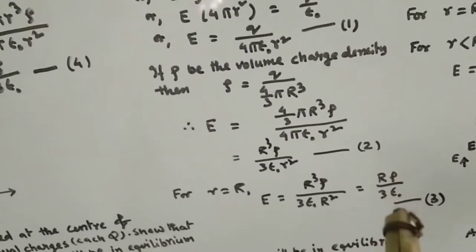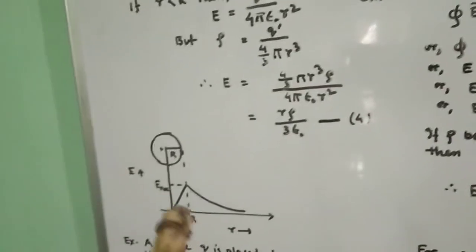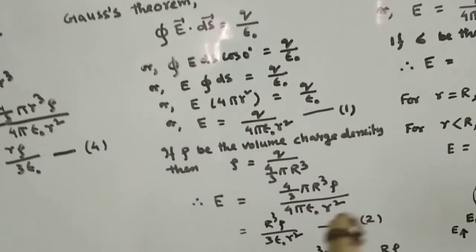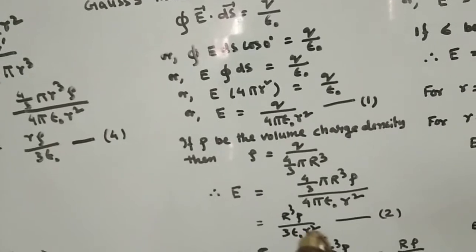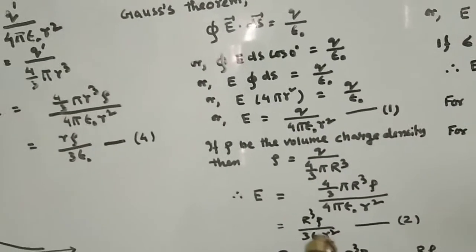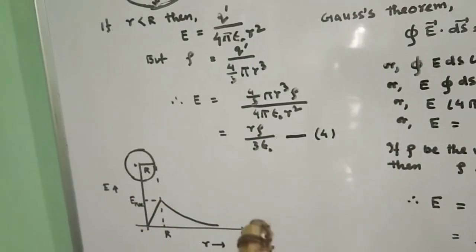This one is the maximum one, r rho by 3 epsilon naught. This is the maximum value of the field intensity, E max, we have given here. And after that the field decreases with small r when small r is greater than capital R. So the graph will be like this.